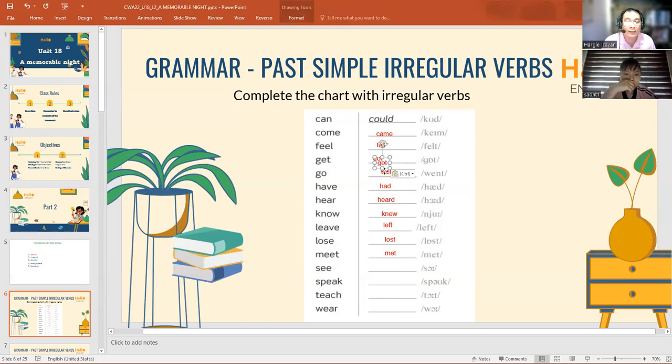Then see: saw. Then speak: spoke. Then teach: taught. And then are: were.